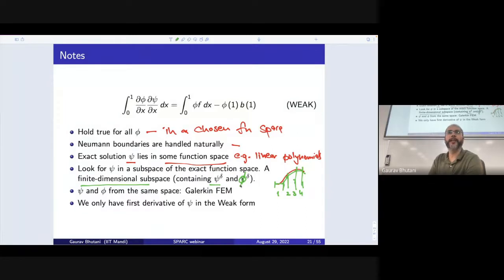So that's another idea that we'll be working with computers. So we tend to use finite dimensions rather than infinite dimensions. So we get a collection of linear polynomials. It could be quadratic as well, but again finite dimensional. Now phi, the test function, was our choice coming from a function space. Psi, again our choice.